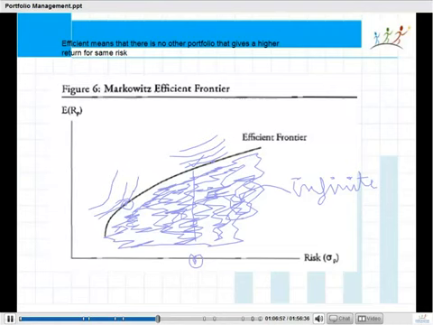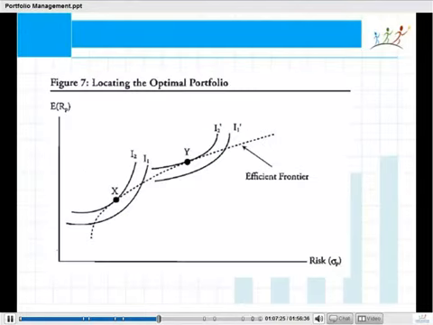So investors will choose the portfolio that is tangent to their indifference curves. For a less risky investor, the tangency portfolio will fall lower down. For a more risk-seeking investor, the tangency portfolio will figure higher up. So depending on your personality, whether you are a risk-seeking or a risk-averse person, will decide which point on the efficient frontier you lie.